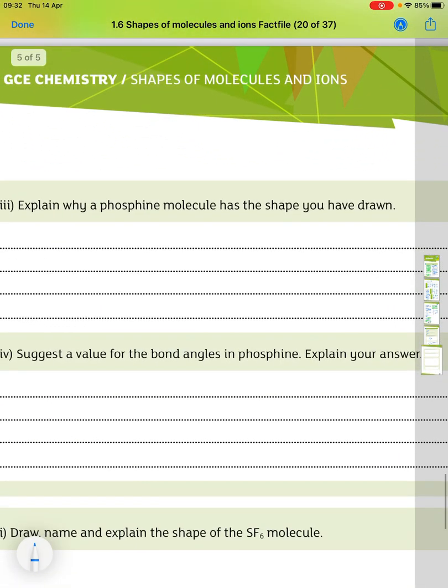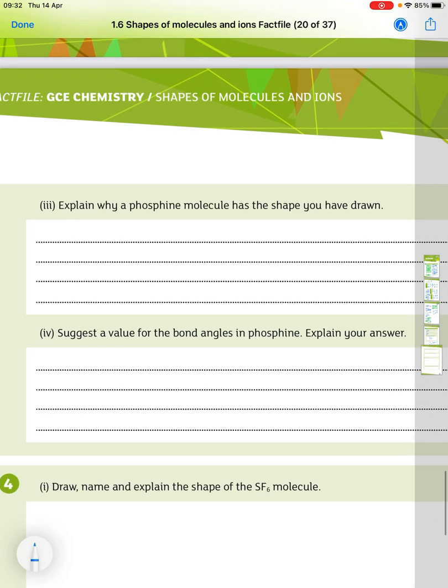Okay, then explain why a phosphine molecule has the shape you have drawn. So we need to talk about the lone pair and bonding pairs of electrons.